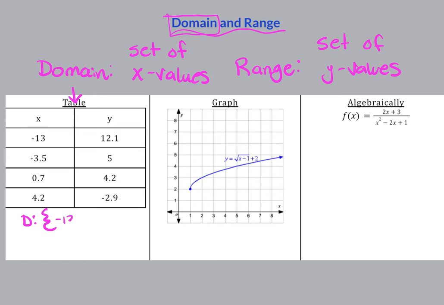So -13, -3.5, 0.7, and 4.2. And the range would just be listing the y values. And usually you list them smallest to largest. So -2.9, 4.2, 5, and 12.1.